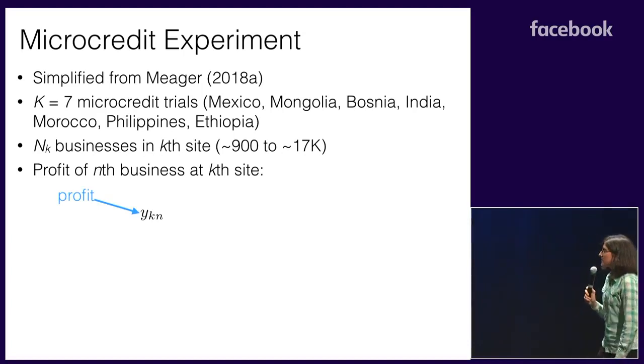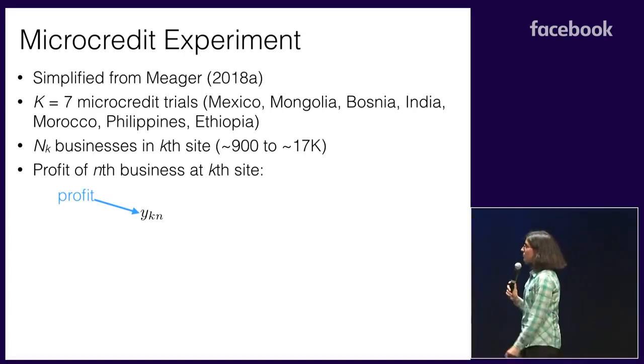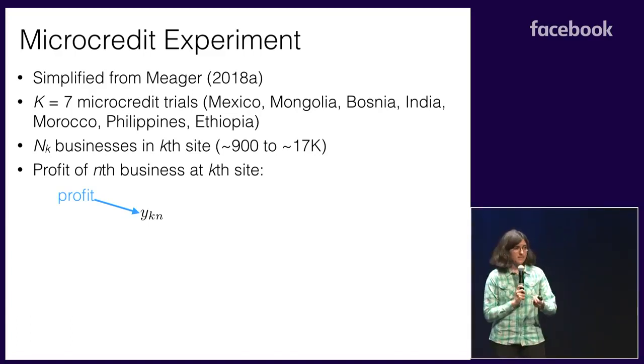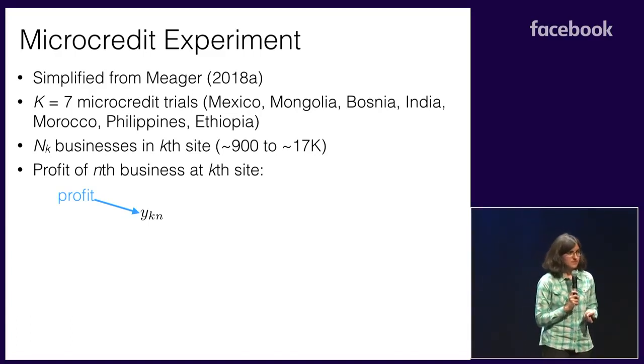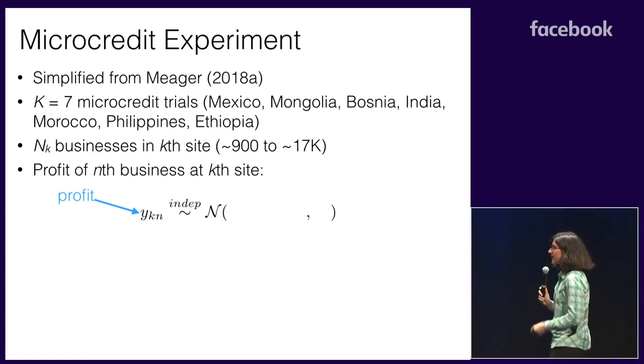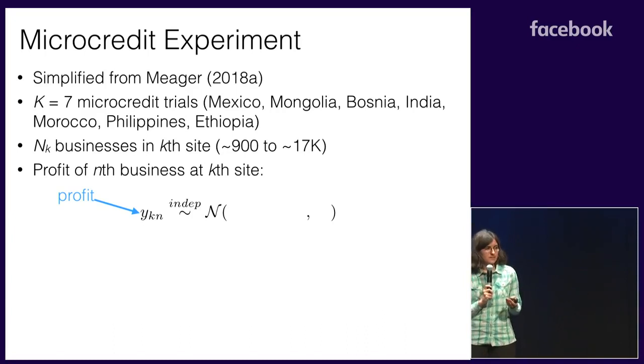And so to that end, we imagine that we, well, in fact, we did, and by we, I mean other people, collected the actual data on the ground of what the business profits are. So y sub kn is the profit of the nth business at the kth site, which we can model independently as normal around some base business profit. Let's call it mu k.